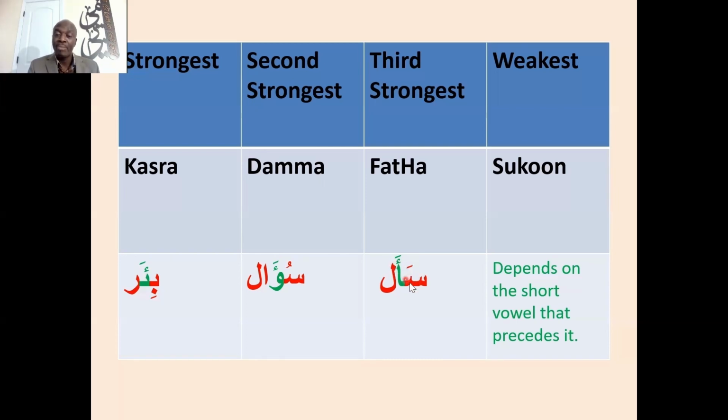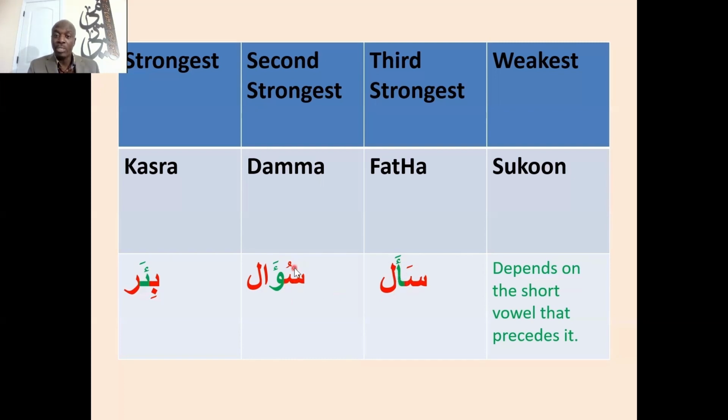So the Fatha brings you the Alif as a seat for the Hamza. That's why we seated our Hamza here on the letter Alif, the long vowel Alif. So to recap, the Fatha gives you the Alif as a seat for the Hamza.